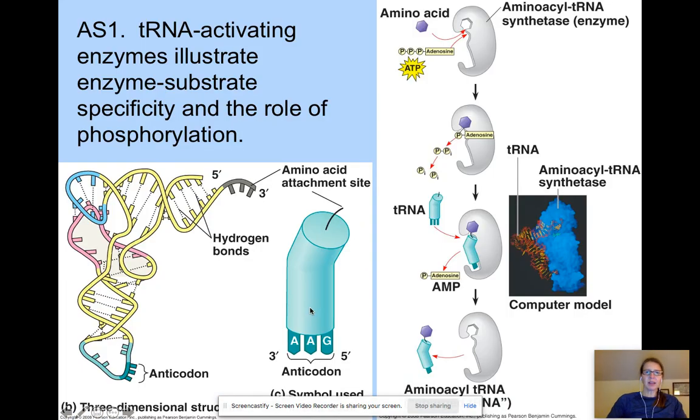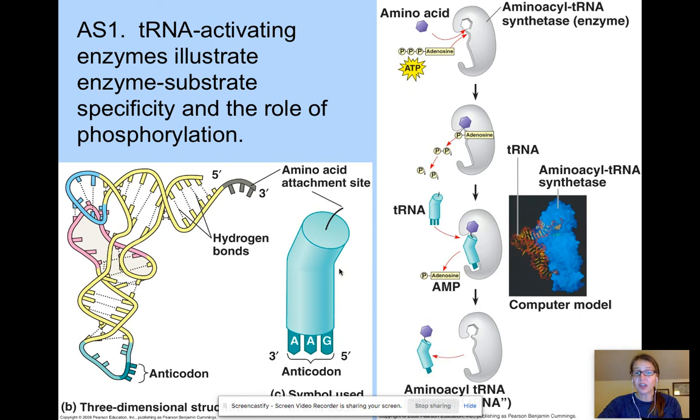I think one of the last things we're going to touch on here is the tRNA. After it leaves the E site, here's the anticodon on the tRNA, it needs to bind with its proper amino acid. And there are specific enzymes that do that.